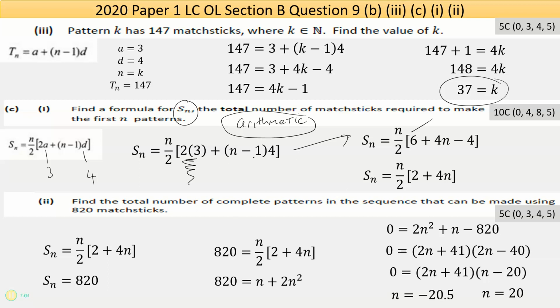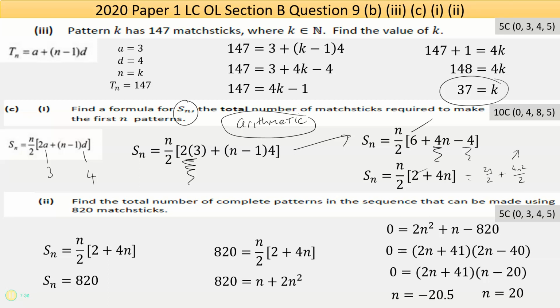And then 4 times n is 4n. 4 times minus 1 is minus 4. Now I can multiply that in. Actually, these things can add together. 6 minus 4 gives me plus 2. And I probably could have gone one step further and said n over 2 times 2 would be the same thing as 2n over 2, plus n times 4n would be 4n squared over 2.